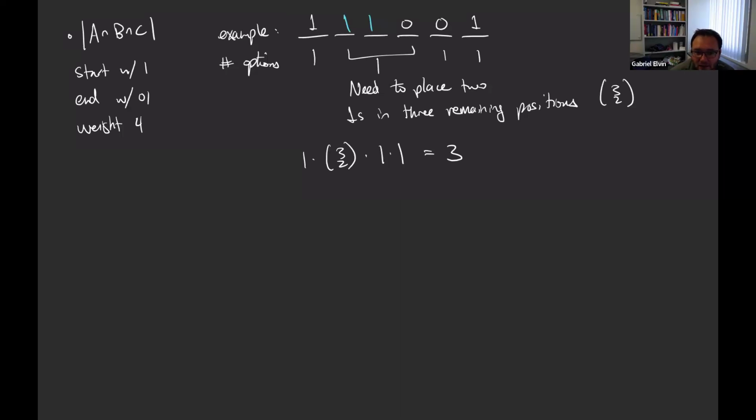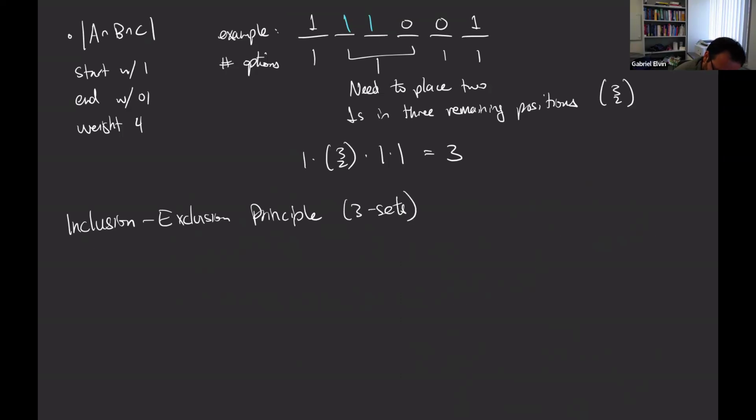And so now it's just left to use the formula, right? I'll give it kind of as the general formula, inclusion-exclusion principle for 3 sets. Well, actually, maybe we'll just use the formula.